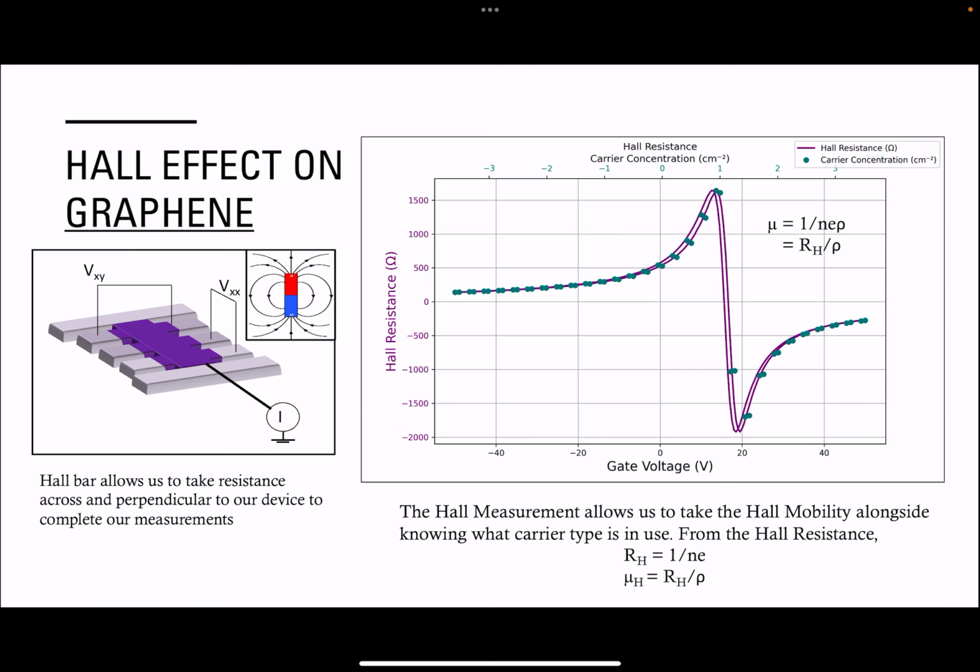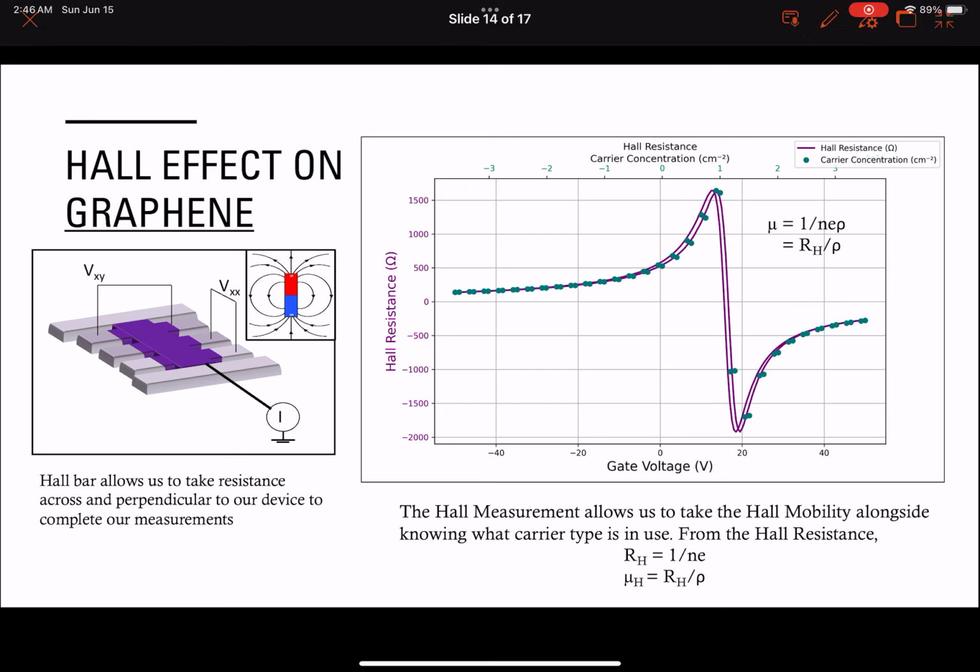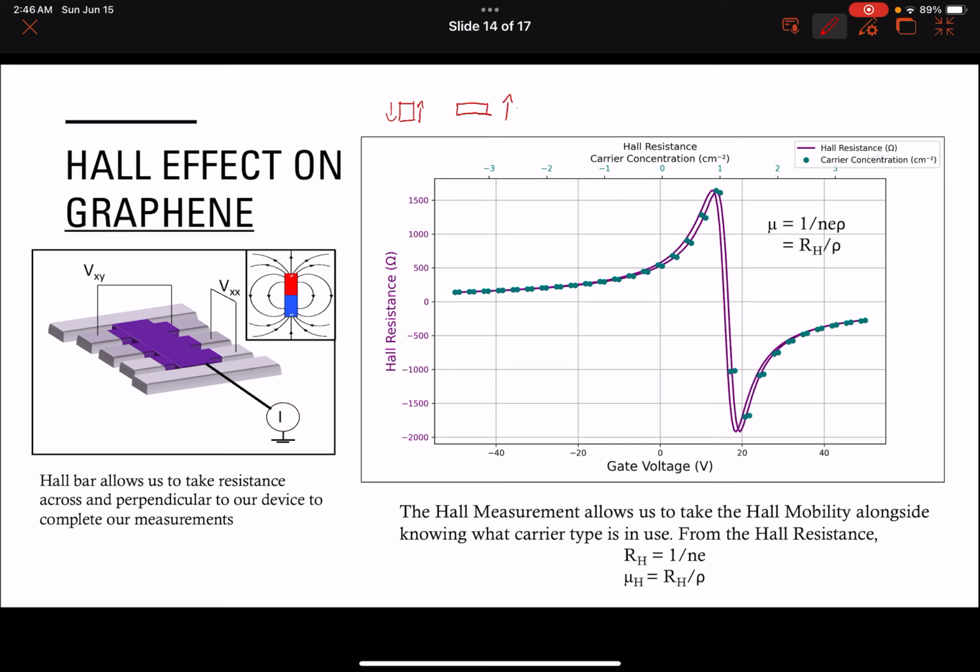Now, the Hall effect in graphene. This is the Hall resistance I already mentioned. We apply an external magnetic field on our device and the Hall effect occurs. Normally, when you have a little device, electrons just go up or down. But if you have an external magnetic field, B field as we call it, a force acts against our electrons.